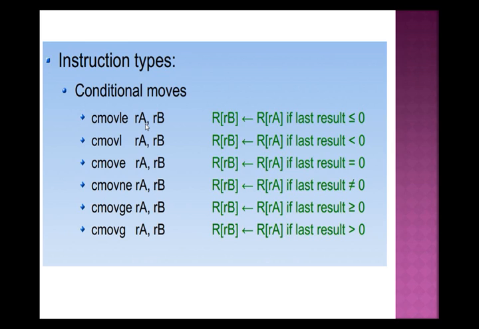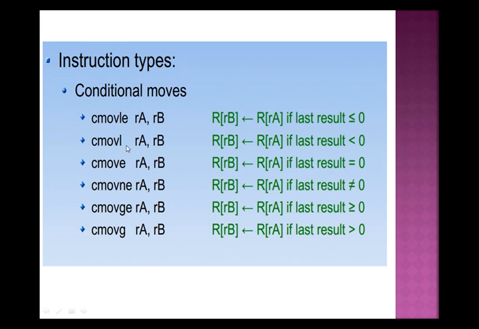So the first one is CMOVLE, which means move if the value is less than or equal to 0, so there is a condition and a movement also. This is CMOVLE, that is, less than or equal to.